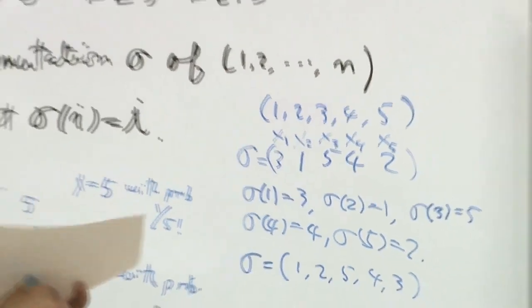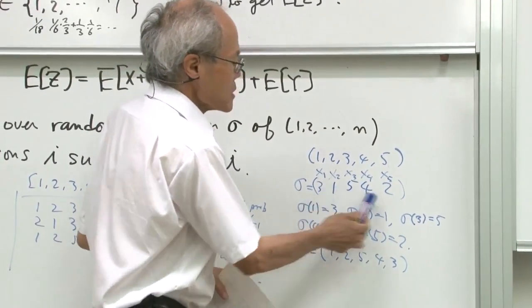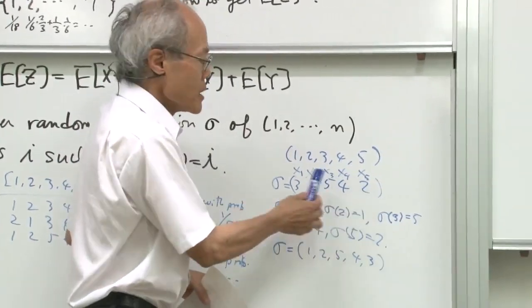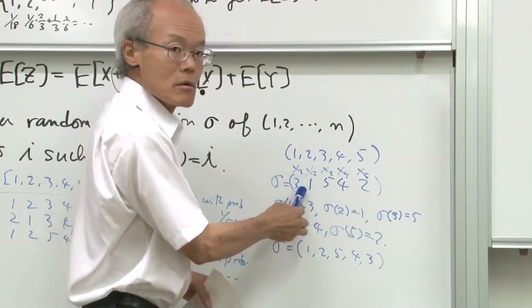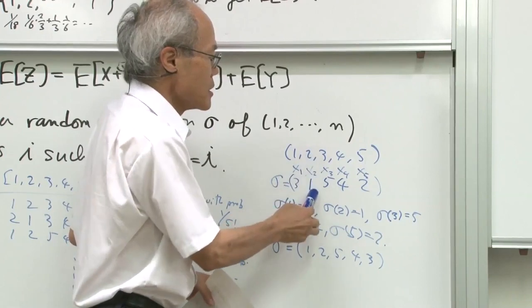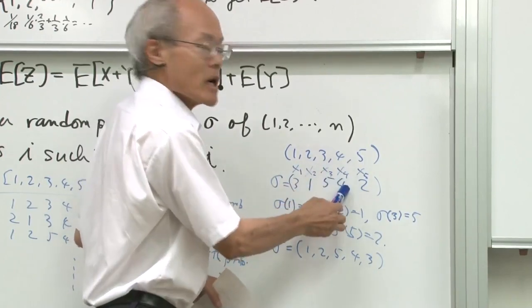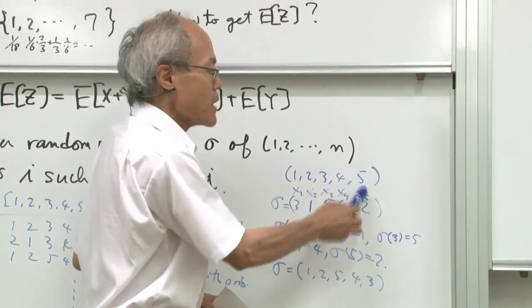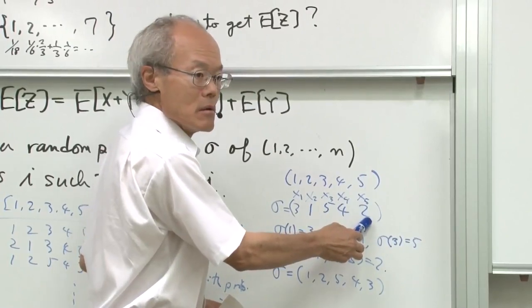So for example, for this sigma, x sub 1 is equal to 0 because different. X sub 2 is 0. X sub 3 is 0. X sub 4 is 1. X sub 5 is 0.